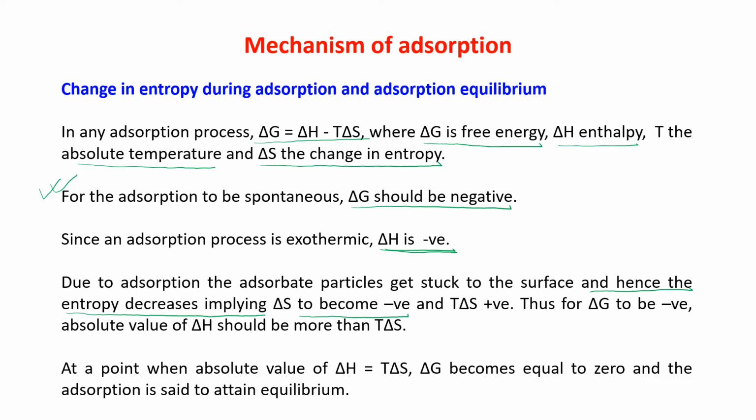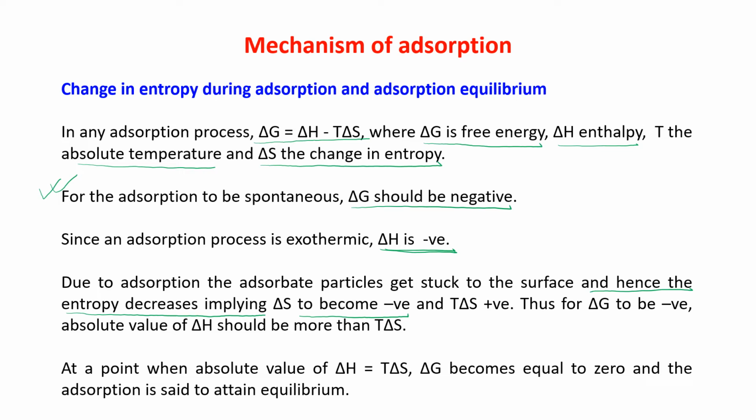Okay, what is the meaning of that? Due to adsorption, the particle gets stuck on the surface, so naturally the movement will be less. So entropy decreases, which implies that delta S is negative.